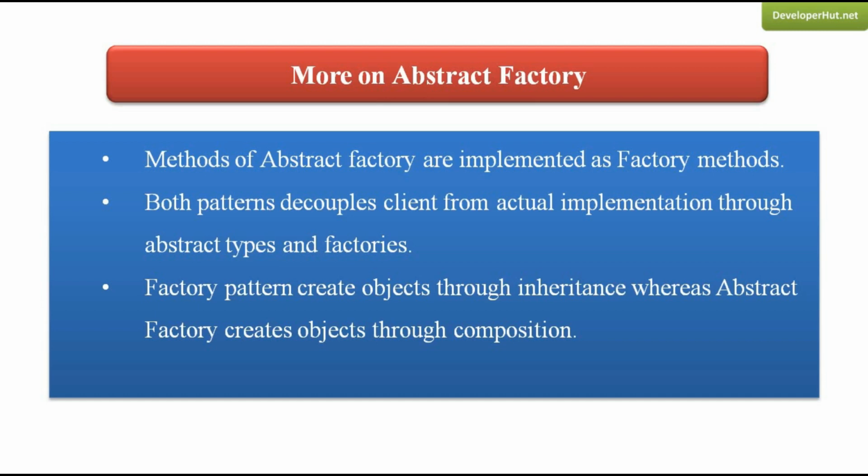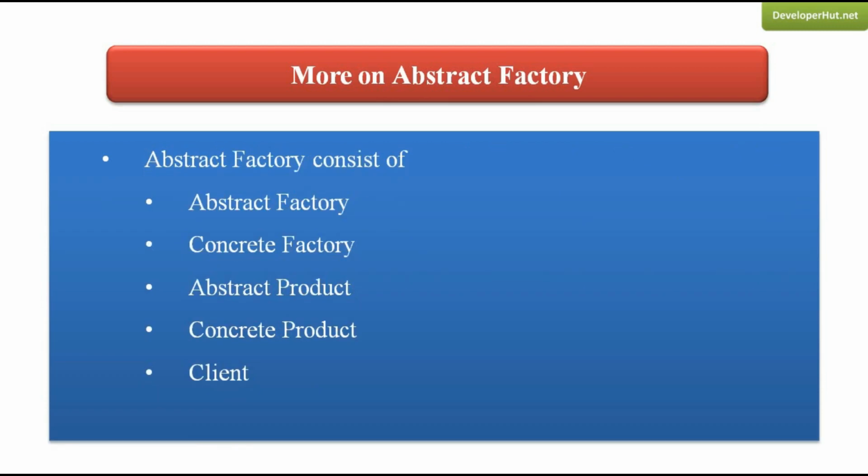Like abstract classes. Now there are five important things which the abstract factory consists of. The first is the abstract factory class, which is the four-wheeler factory in our case, and then the concrete factory classes, where we have created the USA four-wheeler factory as well as the India four-wheeler factory, right? Then next is the abstract product class, like car or truck in our case, and their concrete implementations, like the sedan car, the luxury car, the tow truck implementation, and the tractor implementation.